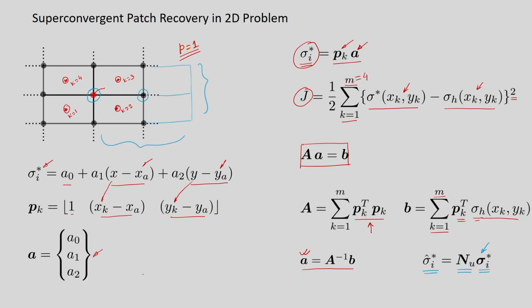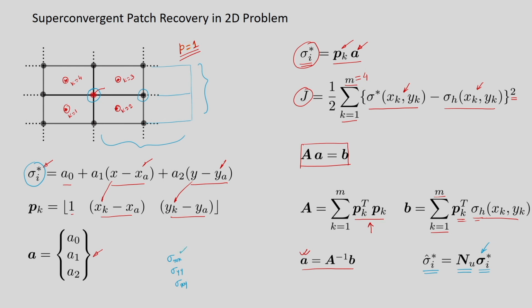Once it is done, I need to inform you that here this sigma I have denoted as a scalar, because in the 2-dimensional problem you have 3 stress components, sigma xx, sigma yy and sigma xy.